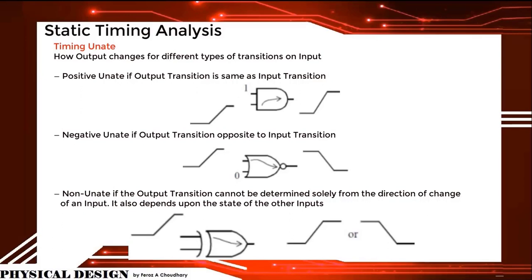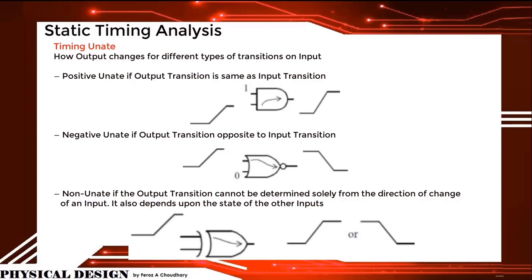A negative unate timing arc is one where a rising transition on an input causes the output to have a falling transition or not to change, and a falling transition on an input causes the output to have a rising transition or not to change. For example, the timing arcs for NAND and NOR type cells are negative unate.